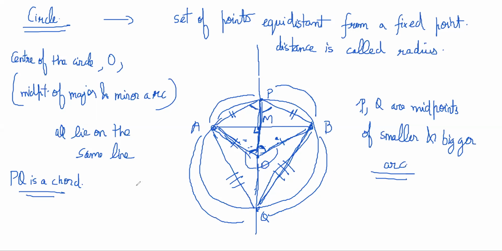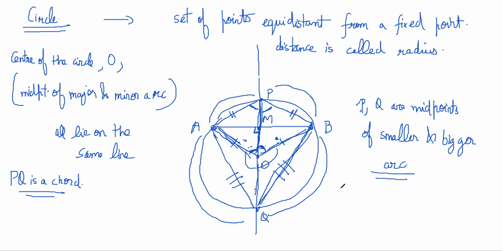So what we know is that the center of any circle can be found as the point of intersection of perpendicular bisectors of any two chords.